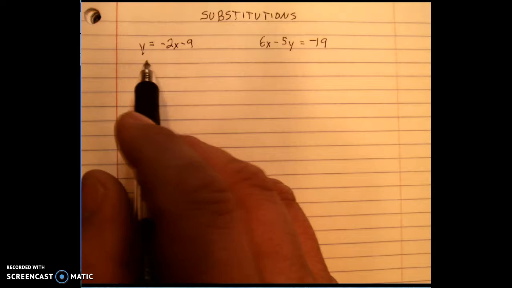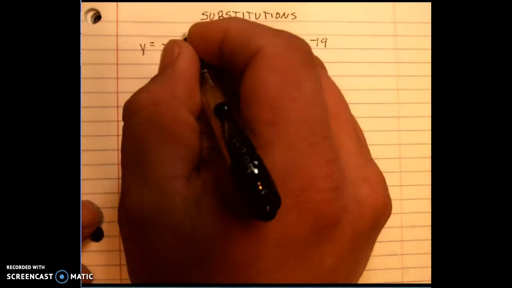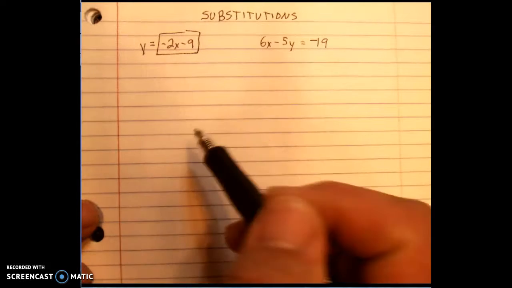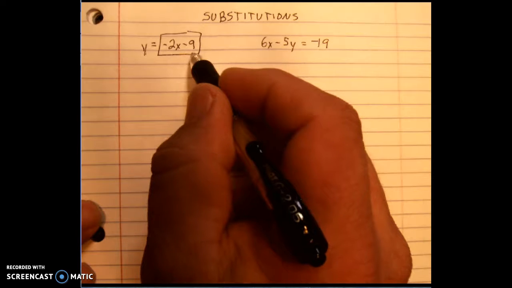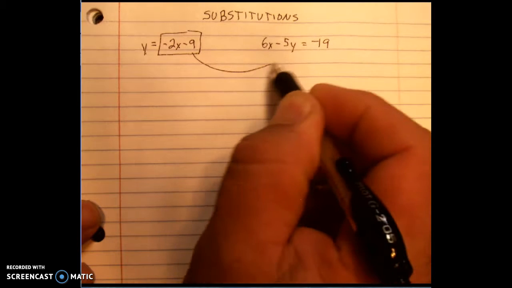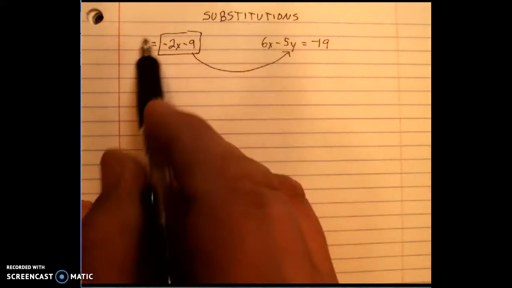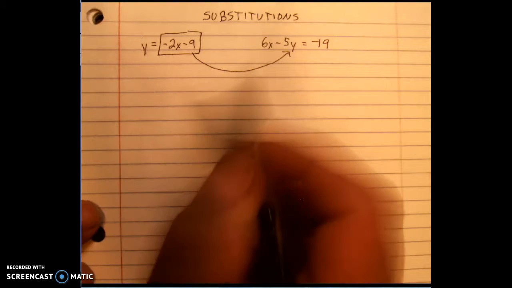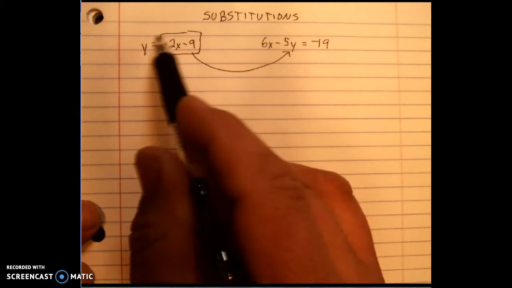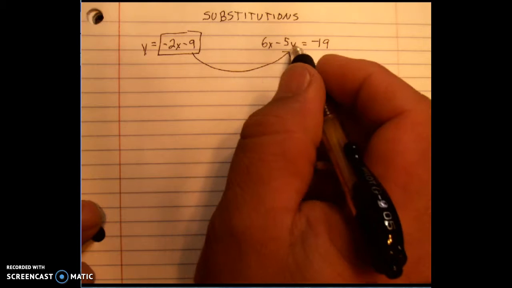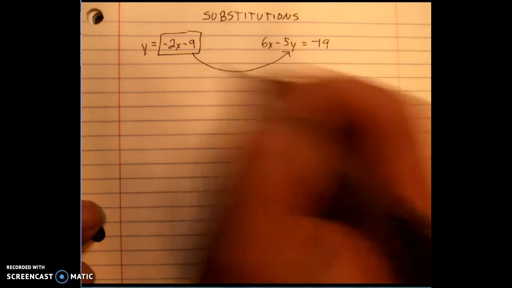What we do then is we take that value right there, that piece that y is equal to, and we substitute it in for the y in the other equation. If it was x by itself, we'd substitute for the x, but this is y by itself. Substituting that in, we're going to replace that y with the negative 2x minus 9.